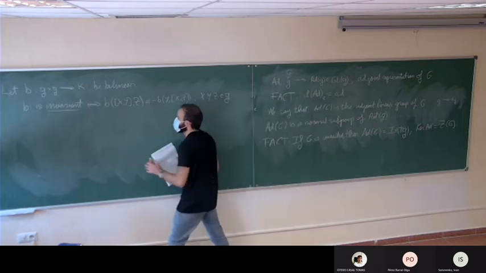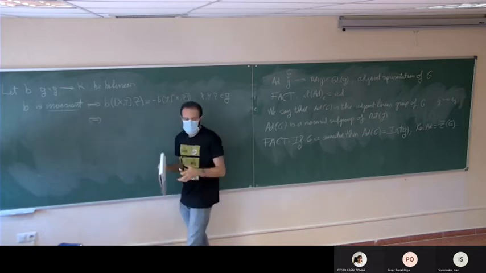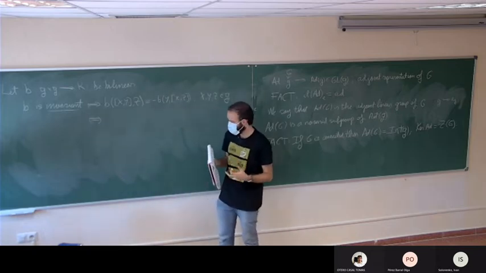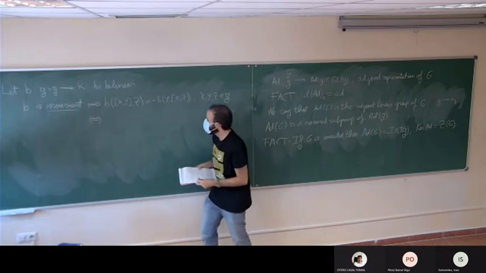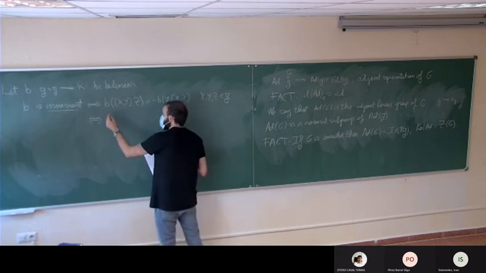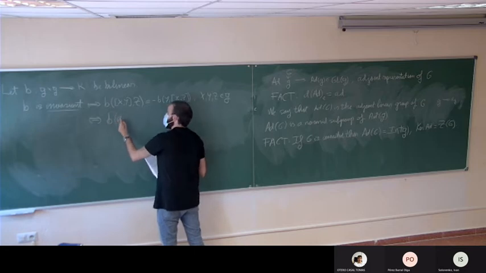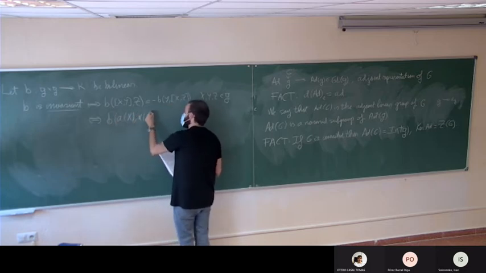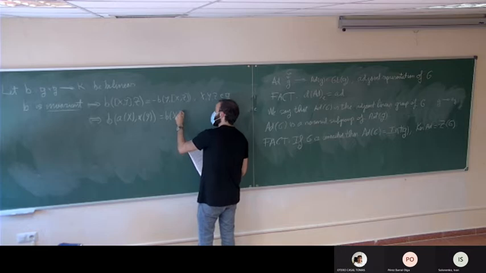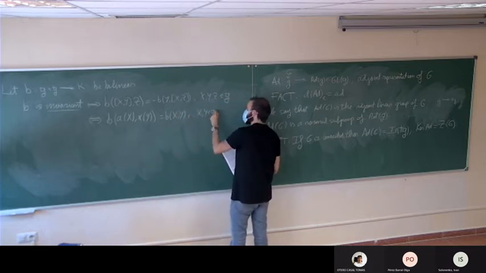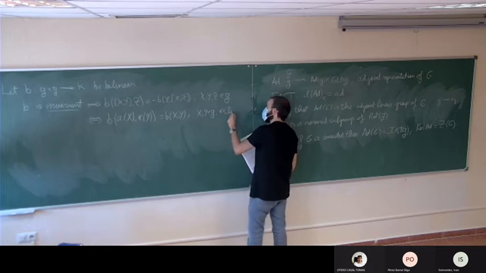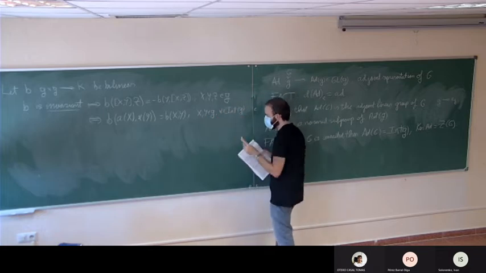And it is easy to see, once again by making an analogy with saying that the algebra of orthogonal matrices is the algebra of skew-symmetric matrices, that this is equivalent to saying that B of alpha x, alpha y is equal to B of x, y for every x, y, and z, and alpha an inner automorphism.